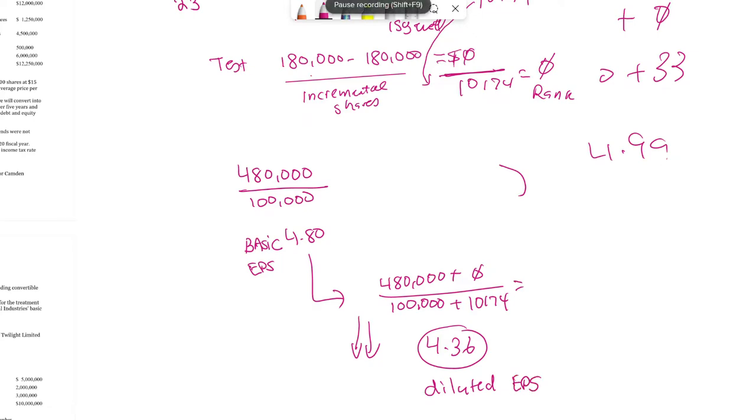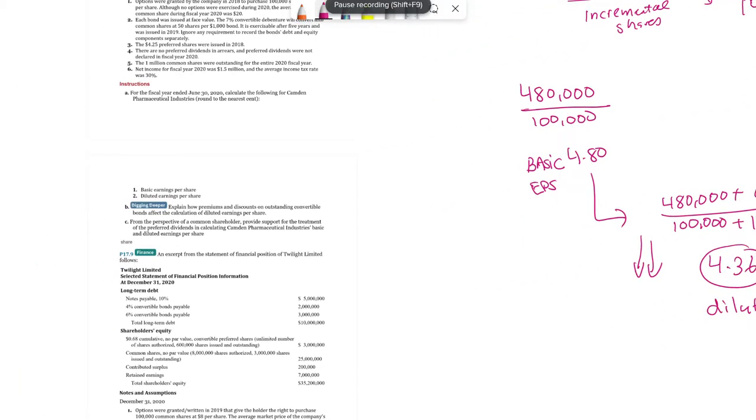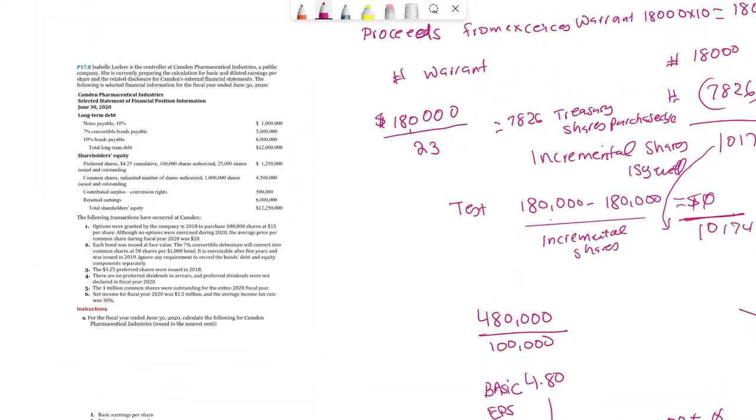Now I know that I didn't promise that I would do 17.8. I wanted to do 17.8 because I think it's a very good question, even though it's a big question, but it has dividends, and it has options and bonds. So we wanted to do number 8, so let's do number 8.